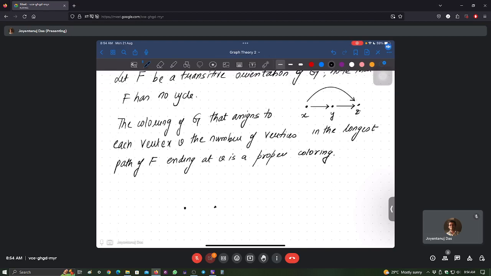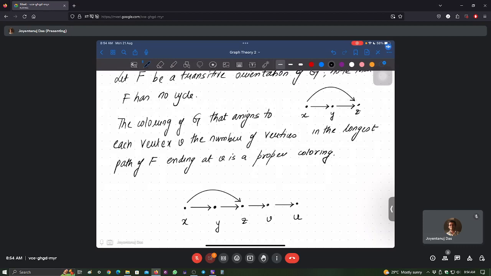For example, let us take five vertices. Suppose I have X to Y, and suppose an H is there. So this is the longest path, and I have given the orientation. Now X to Y and Y to Z is there, so this edge should be there, right?